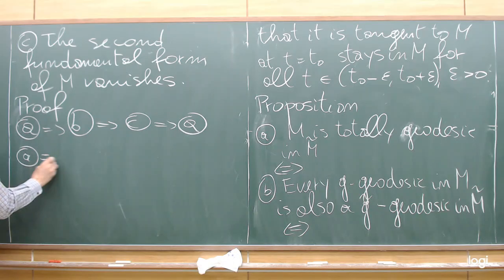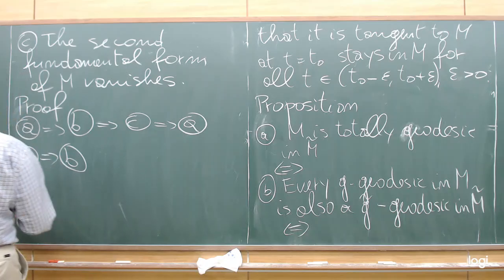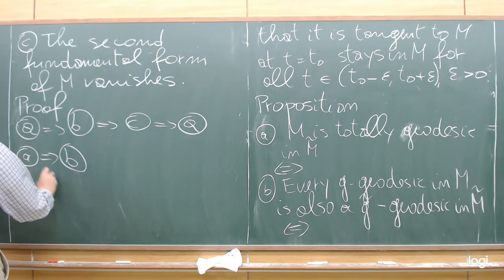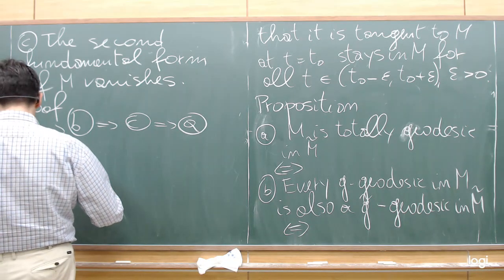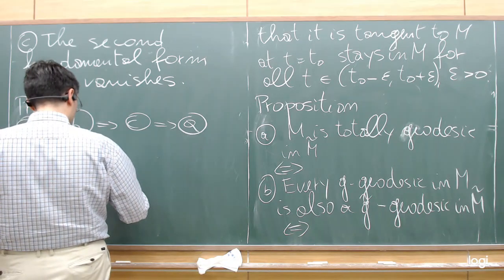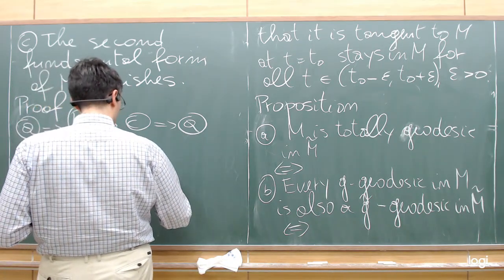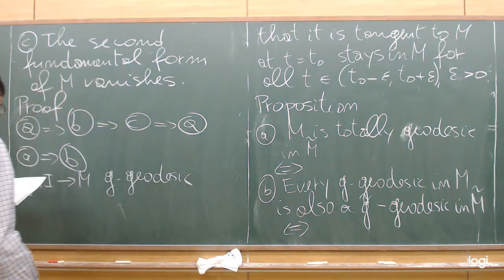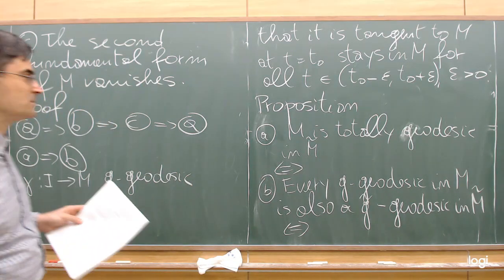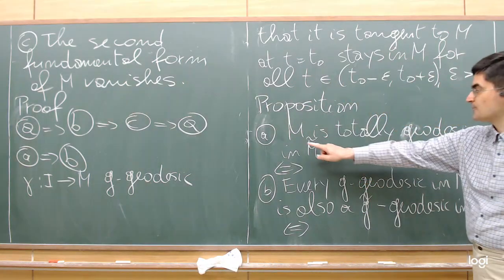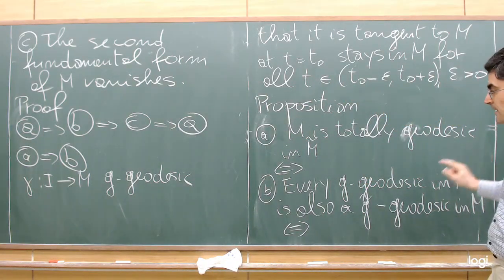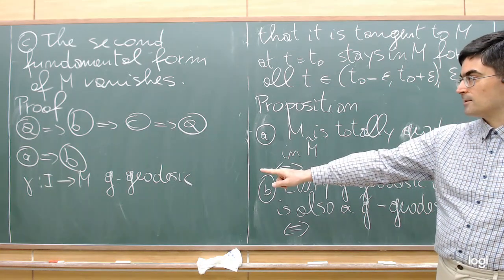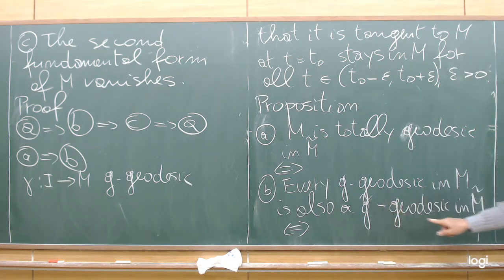How to prove that A implies B? So suppose that gamma is a geodesic of M. I have to prove that if M is totally geodesic, then this curve is a G tilde geodesic.